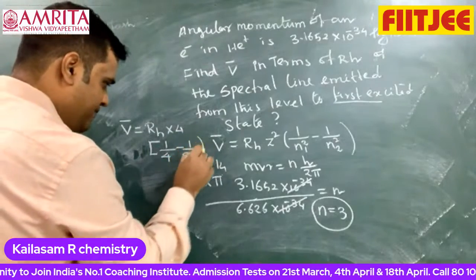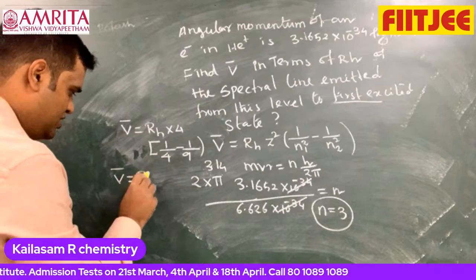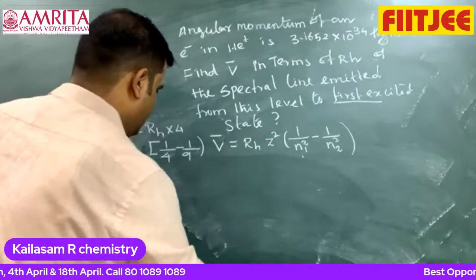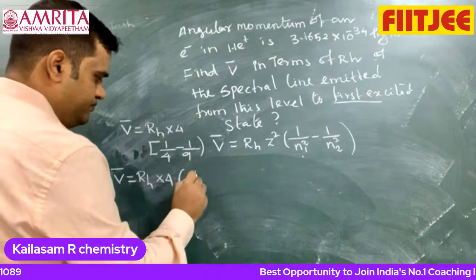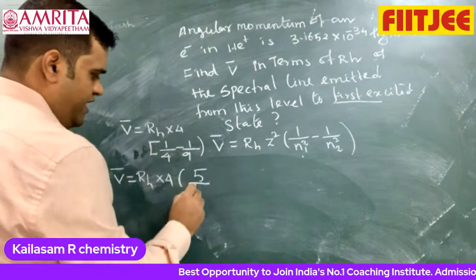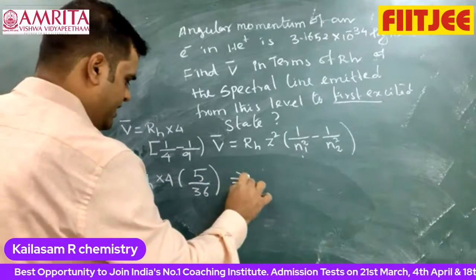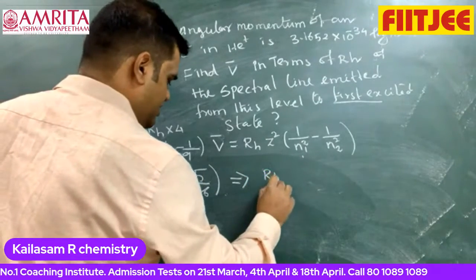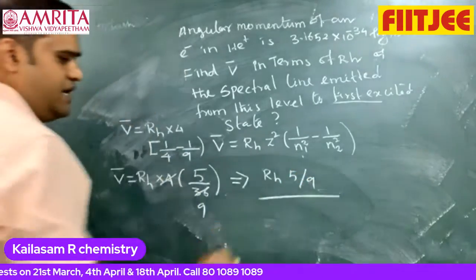Now wave number is equal to RH, 4 into 5 by 36. Therefore we can write the answer as 5 by 9 RH.